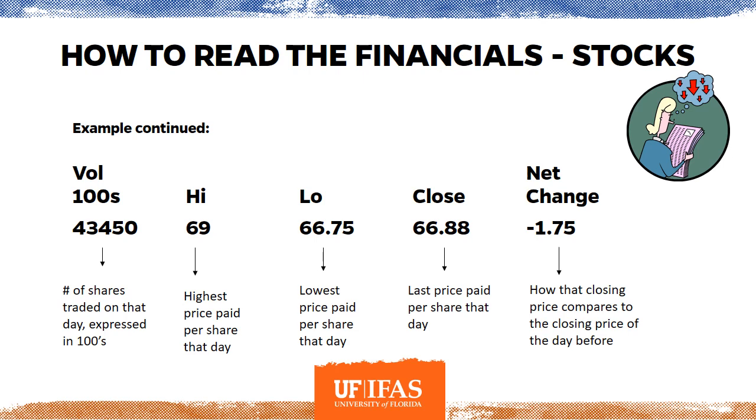And we see that the net change from the close of yesterday's to the day before is actually down $1.75. So everybody who owned a share of that stock at the close of the business day lost another $1.75 on each share. The value of selling that stock lost $1.75.